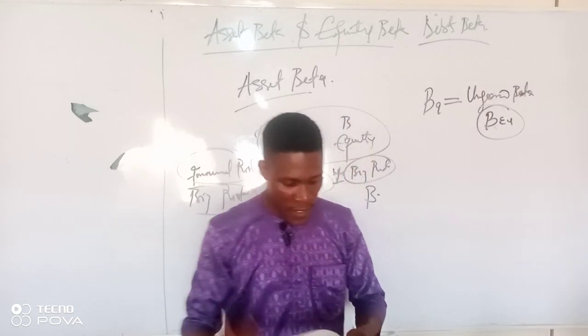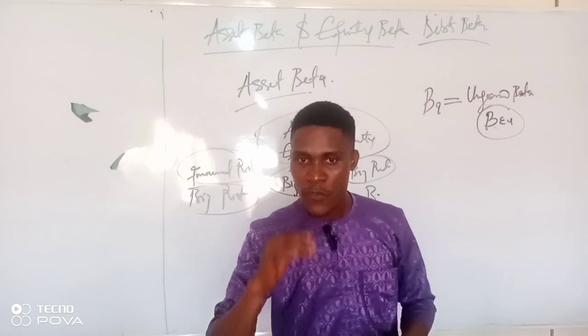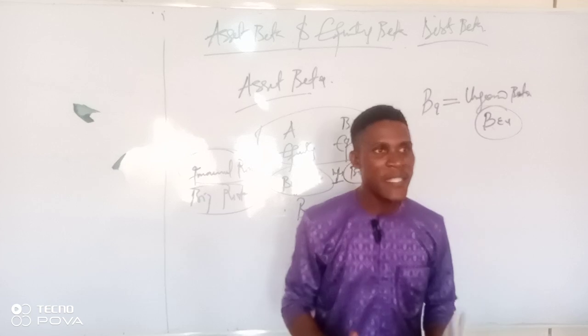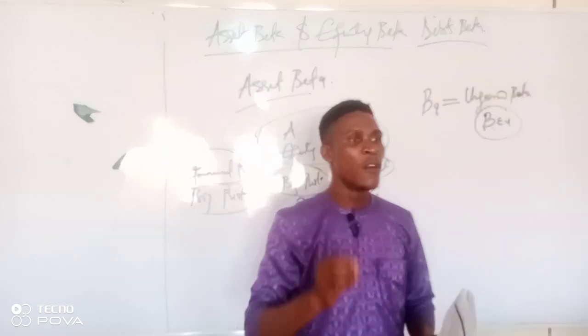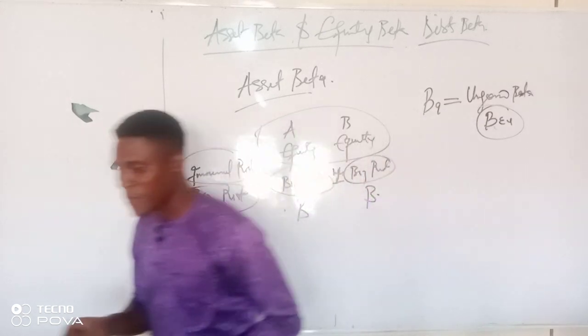Okay. Next line: equity beta and debt beta. We have talked about asset beta, which is only for a company that is not geared.